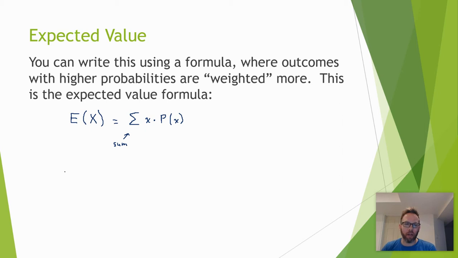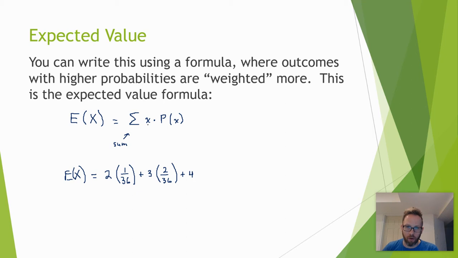So what would that look like for us? This is why it's sometimes useful to leave them as fractions out of the same denominator. So what was our first outcome? Our first outcome, x, was 2, and the probability of rolling 2 was 1 out of 36. Our second outcome, x, was 3, and the chance of rolling 3, 2 out of 36. And maybe you can see where this is going.